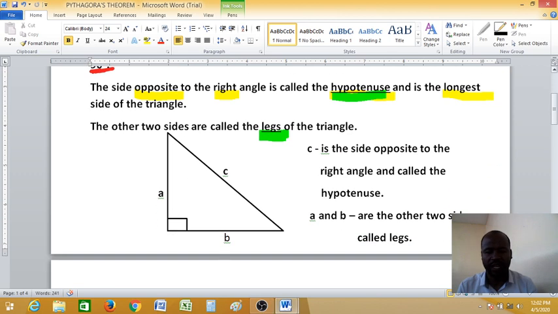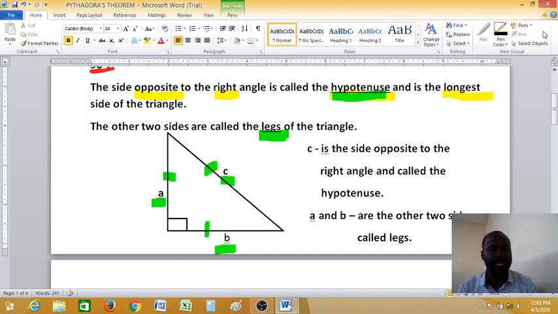Now look at this triangle. We have a given triangle here, a plane figure with three sides. As you can see here, this one is A, this one is B, and this one is C. These A, B, and C are the sides of this given right-angled triangle.